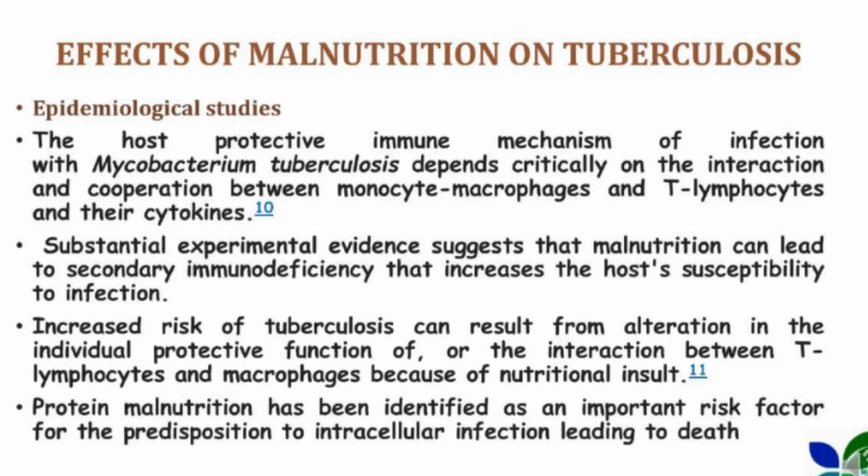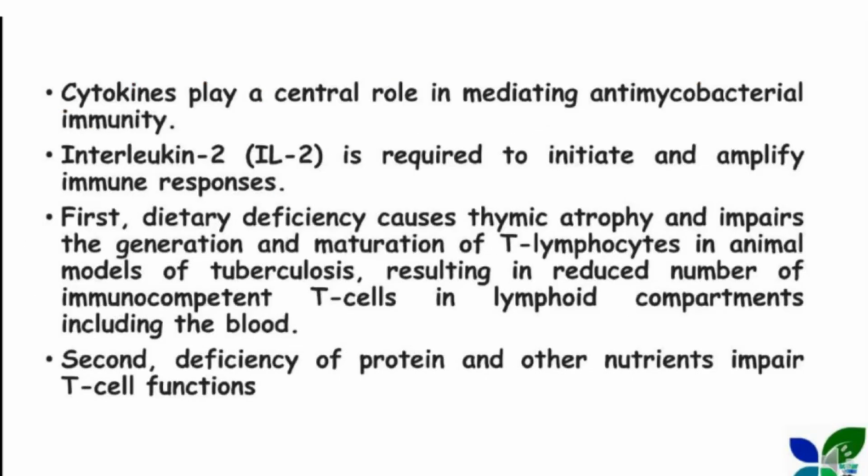Protein malnutrition has been identified as an important risk factor for the predisposition to intracellular infection leading to death. Cytokines play a central role in mediating antimicrobial activity; interleukin-2 is required to initiate and amplify immune responses.